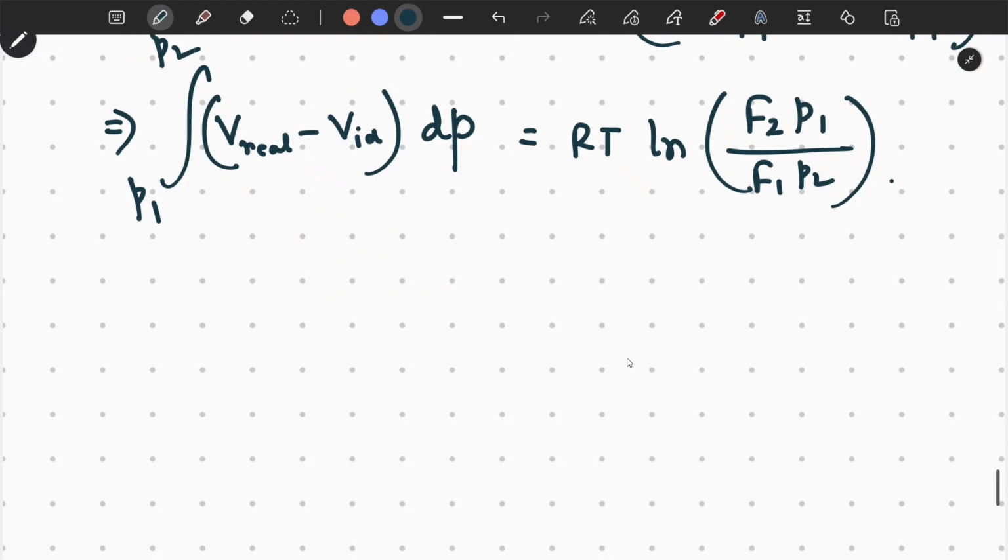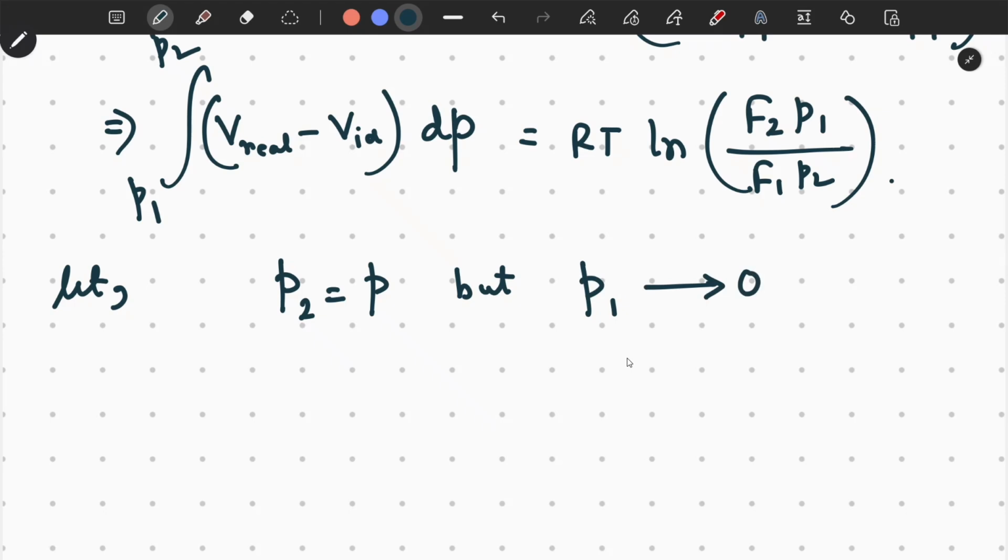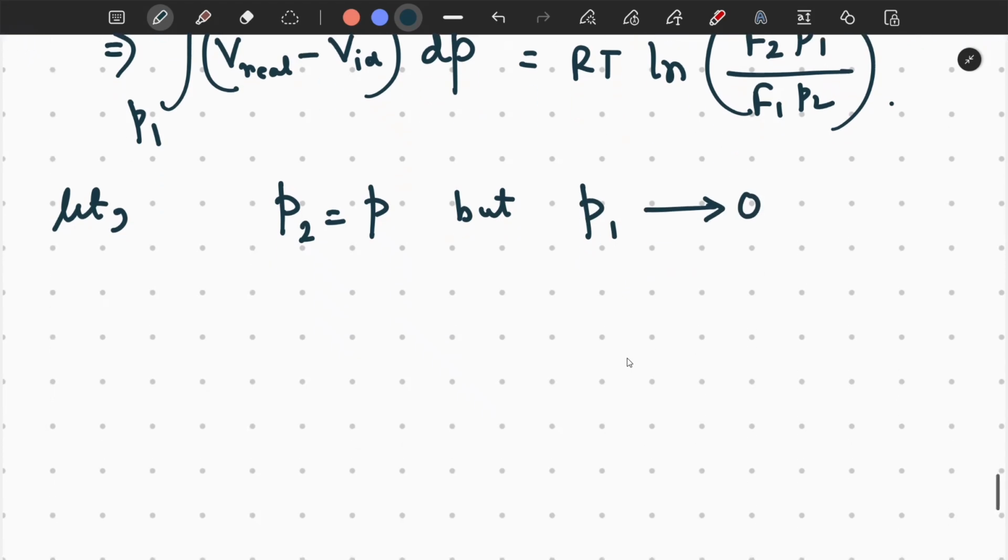Now, let's say P2 is P, but P1 tends to 0. If we want to calculate, then what will happen? Then F1, we know, will be P1, since at very low pressure, pressure is very low, which means density is very low.